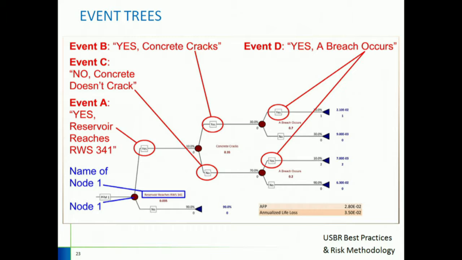Say that happens, that failure mode, the first initiating event, in this case it says reservoir reaches this elevation, and that happens. And then you go on, does the concrete crack? Yes, and the event likelihood is 30%. And then when the concrete cracks, does the breach occur? Yes, is another probability of event occurring there.